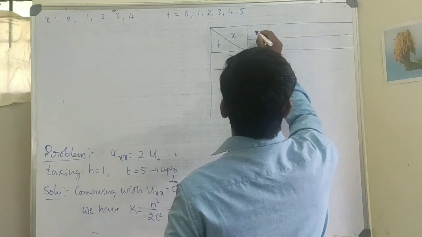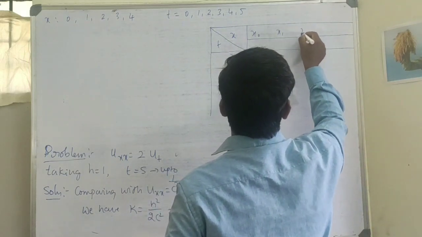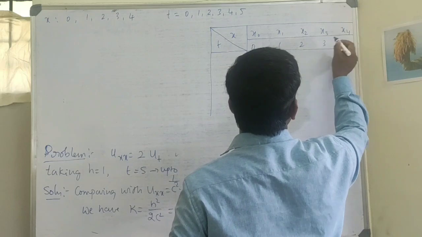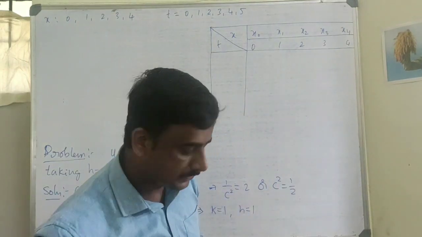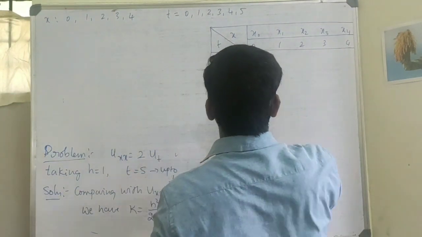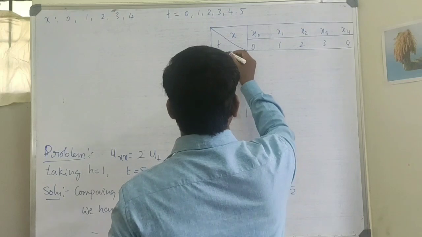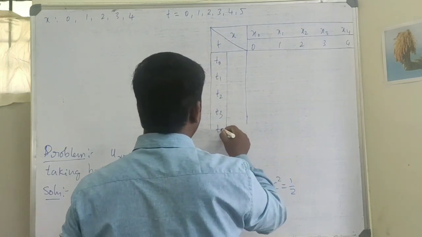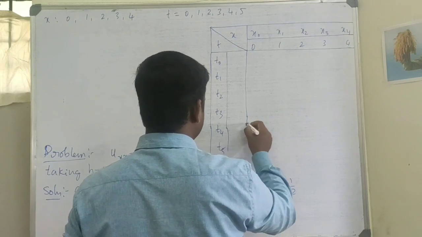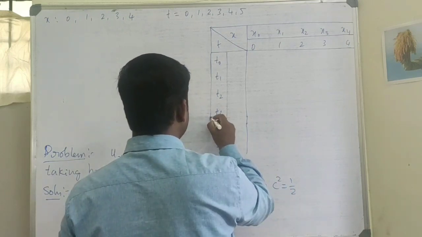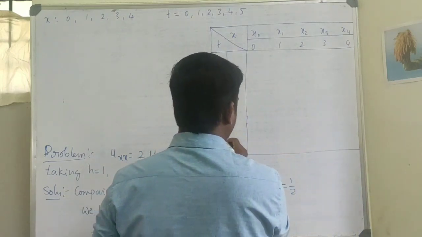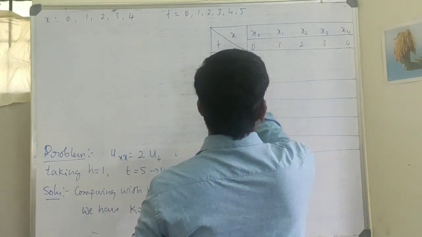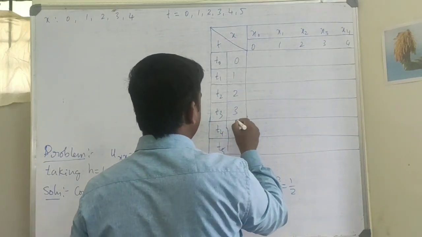So here I should write x0, x1, x2, x3, x4, that is 0, 1, 2, 3, 4, and the values of t are t0, t1, t2, t3, t4, t5, so 0, 1, 2, 3, 4, 5.